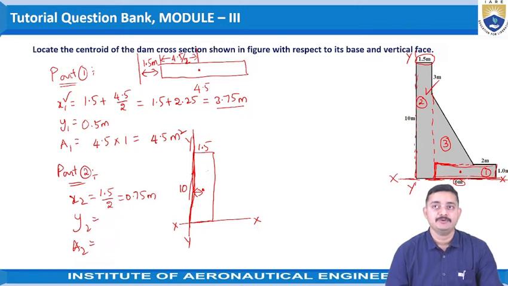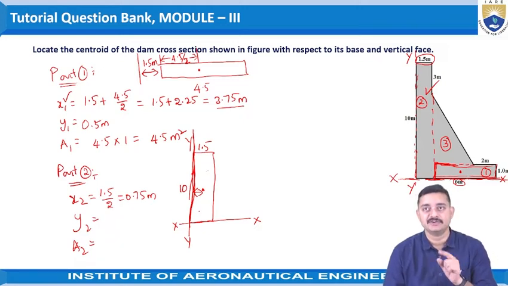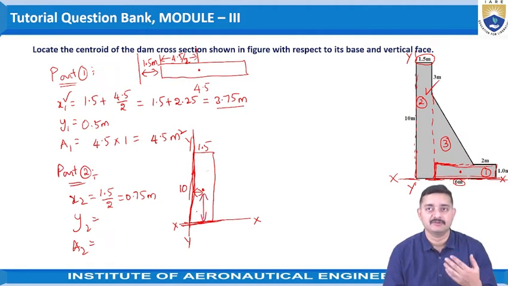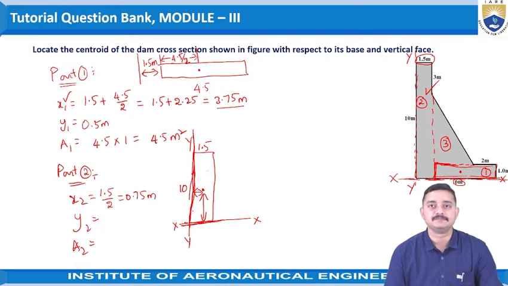Similarly, y2 is the distance of the centroid of this rectangle from the x-axis, which is passing through the base of the rectangle. Hence, this distance directly gives the y coordinate, that is, the distance of the centroid from the base axis.